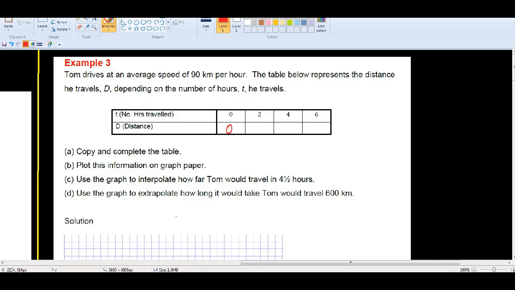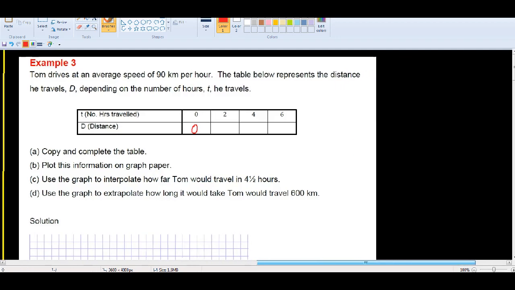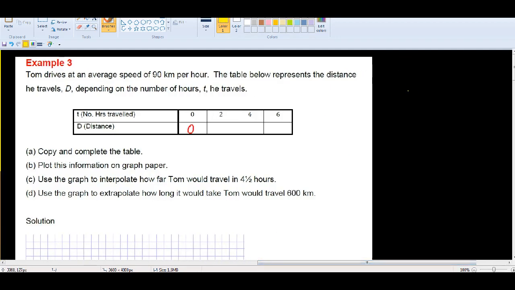Always start from 0, 0. Suppose you travel for 2 hours. How long is the distance? We don't have that data, but if you use the double line method, it's t on one hand, d on the other.